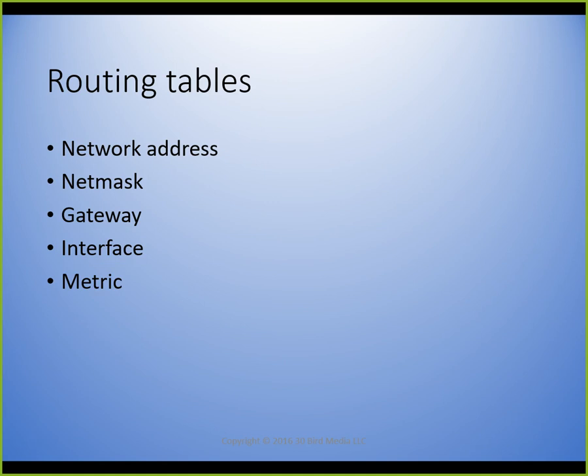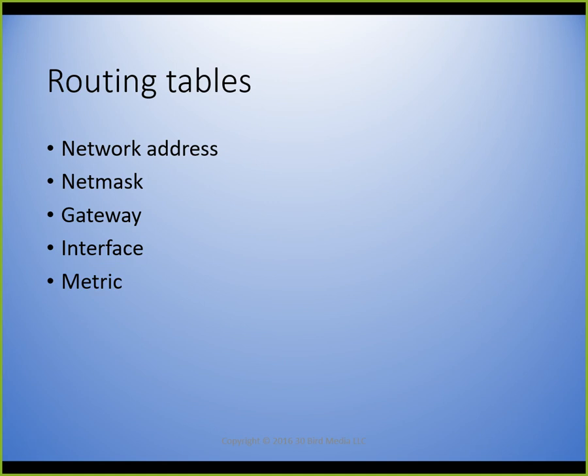We can look at some actual real routing tables with actual real routing protocols. It says network address, network mask, gateway, interface, and then metric. And those are things that we have on these. First of all, let's see if we can do a simple one.